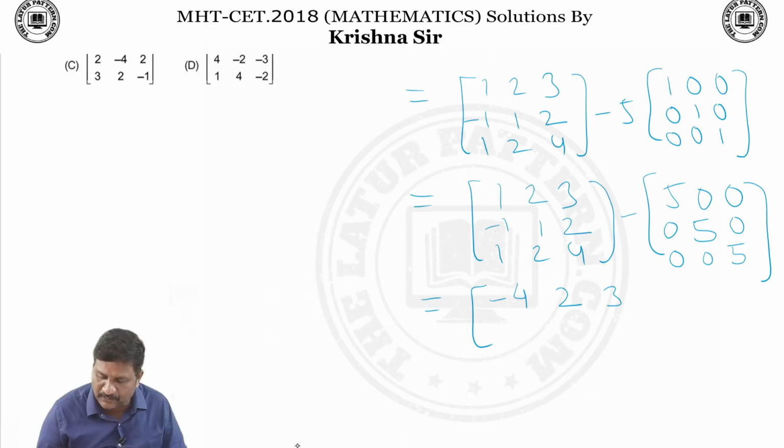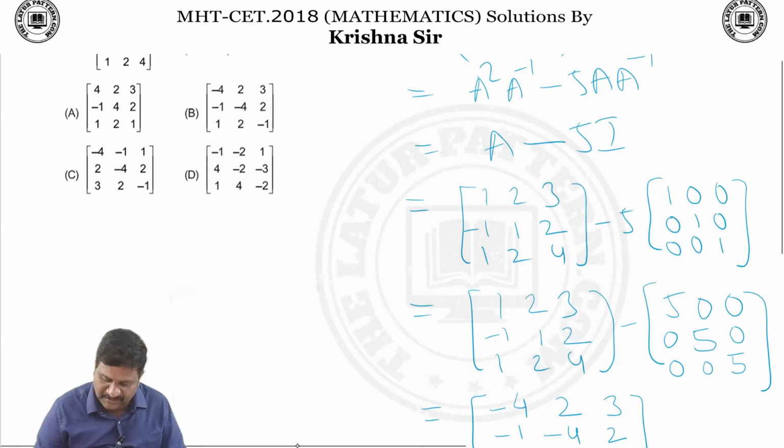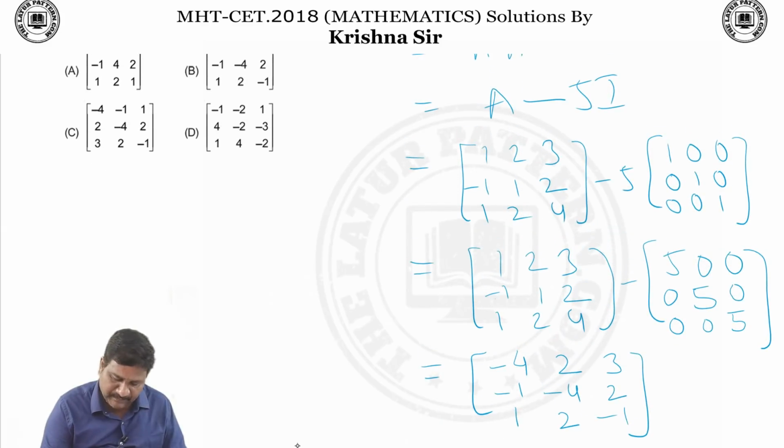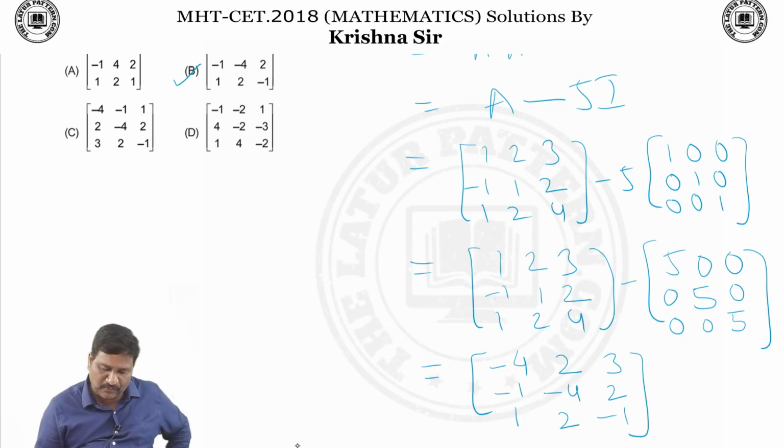Similarly the second row: minus 1 minus 0, 1 minus 5, and 2 minus 0, and 1 minus 0, 2 minus 0 is 2, and 4 minus 5. Now you observe from our options, the answer is B: minus 4 2 3, minus 1 minus 4 2, 1 2 minus 1.